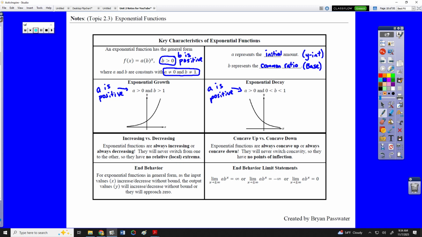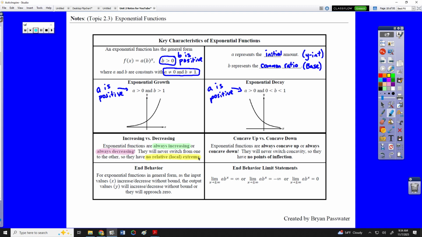In terms of increasing and decreasing, there are some very important things to understand about exponential functions. Exponential functions are always increasing or always decreasing. They never, ever switch from one to the other, which means they do not have relative extremes.